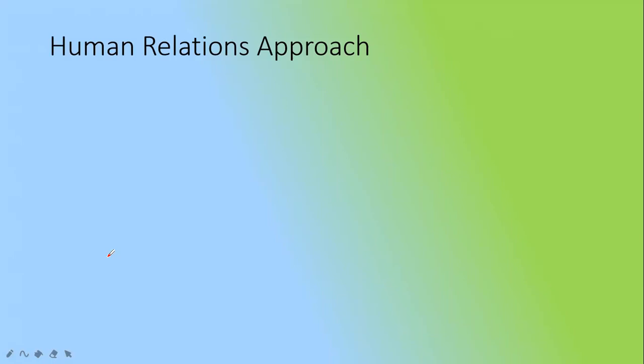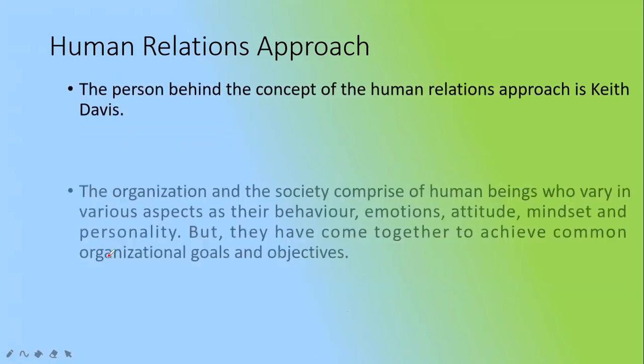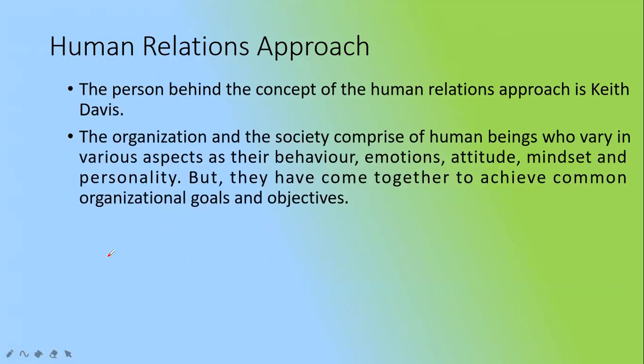The human relations approach was given by Keith Davis. The name itself says that the society or organization comprises human beings who have differences in their behavior, emotions, attitudes, mindsets, and personality traits. If they are all working together to achieve a common goal, because of the variations in their behavior and emotions, there will definitely be misunderstandings and misperceptions.